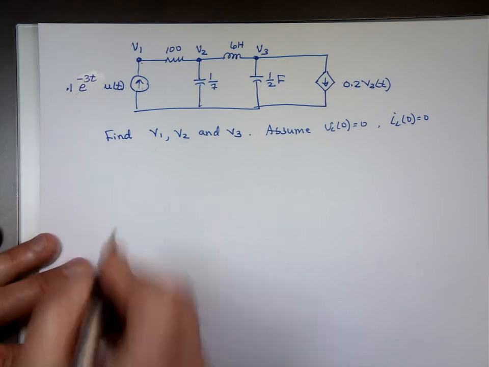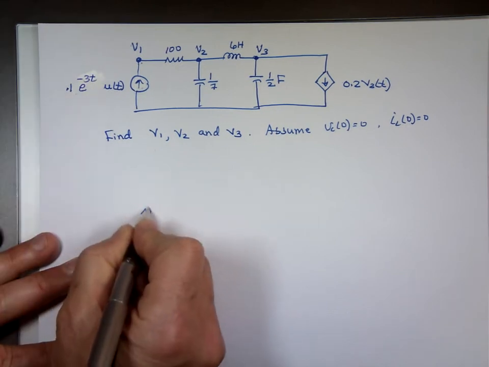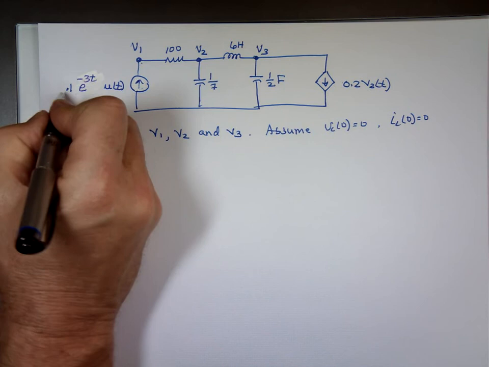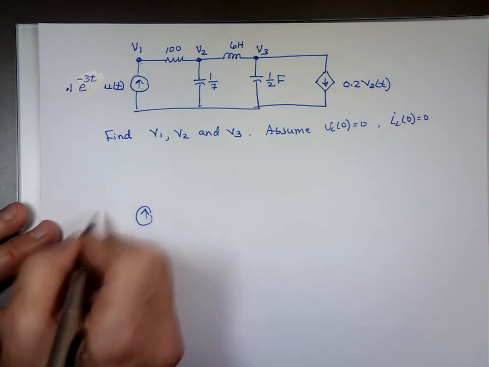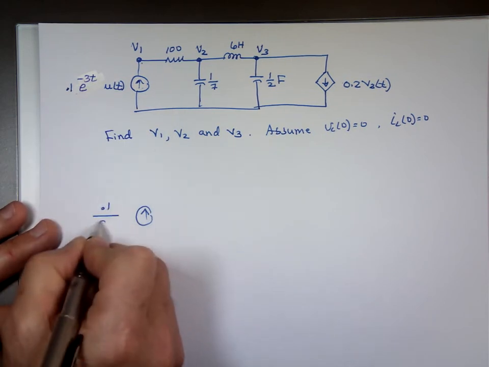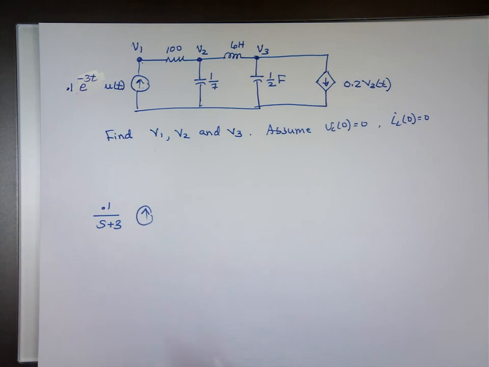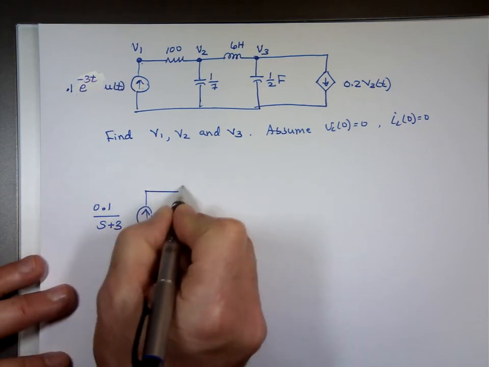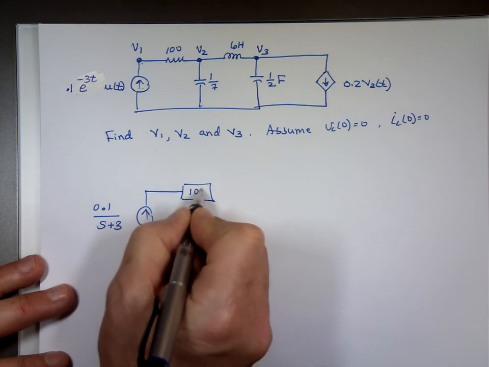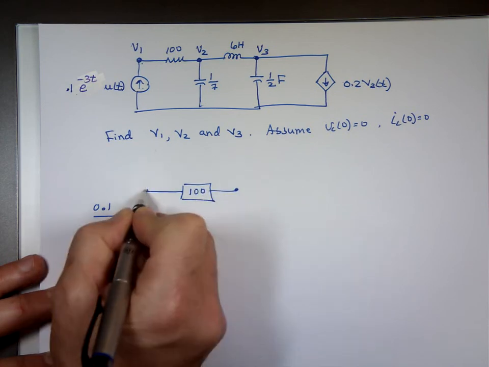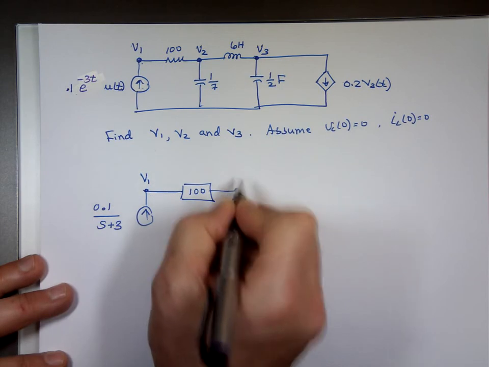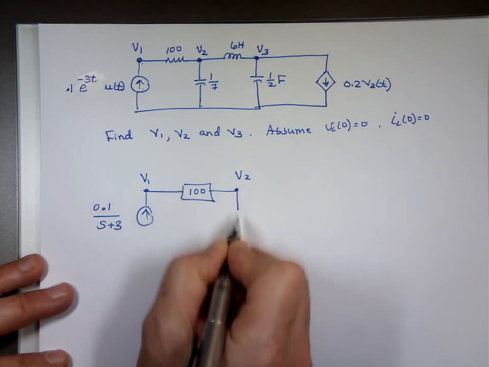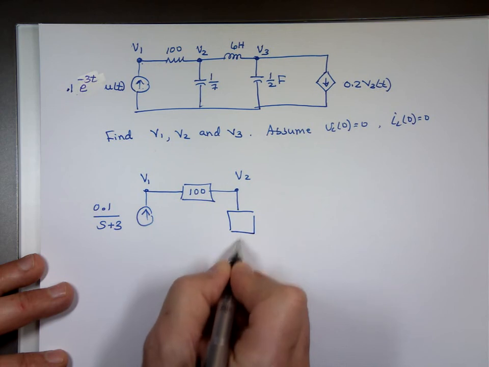What's the Laplace of 0.1 e to the minus 3t? 0.1 over s plus 3. Is that the Laplace of that? Yes. The resistor stays the same, 100. Again, this is V1 as a function of s, capital V1. This is V2. This is 1 over sC, 7 over s.